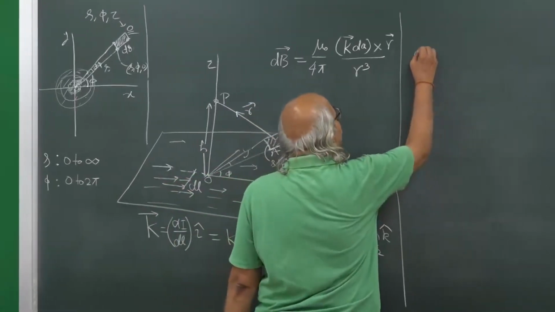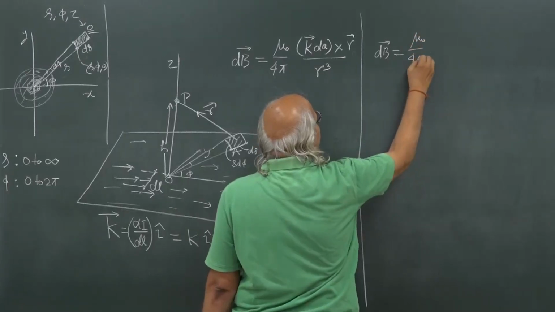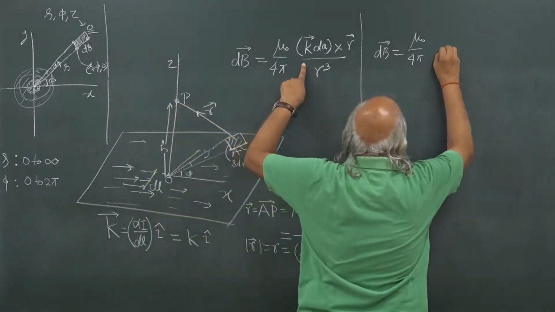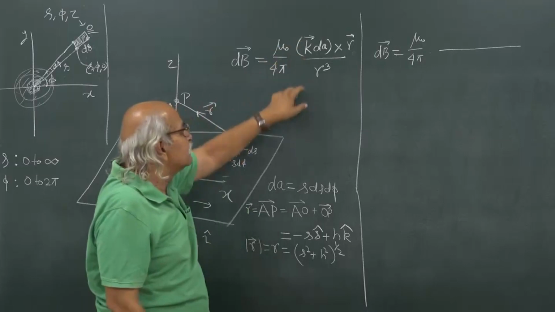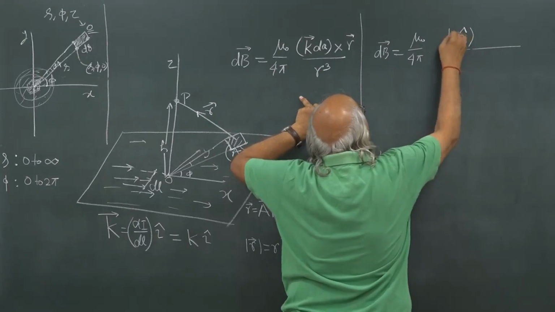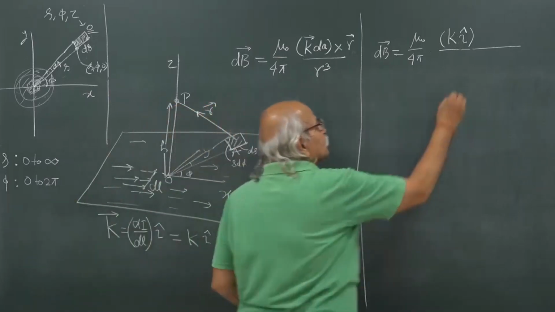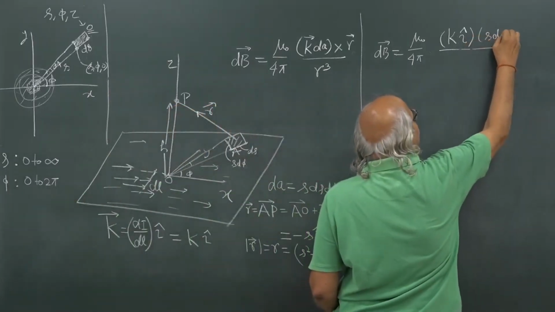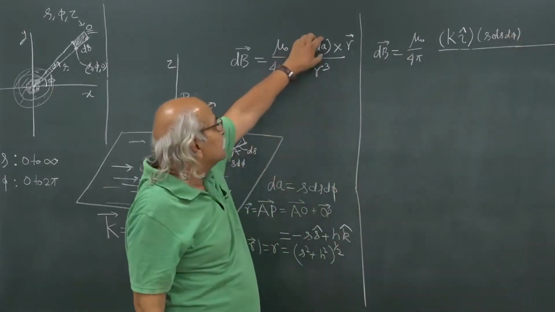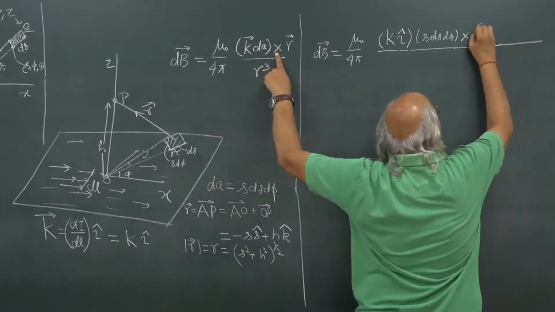What is dB? dB is mu naught by 4 pi, and then k dA cross r vector. What is k vector? It is k, which is a constant, times I cap. And what is dA? dA is s ds d phi. So it is k s ds d phi cross r vector. And what is r vector?